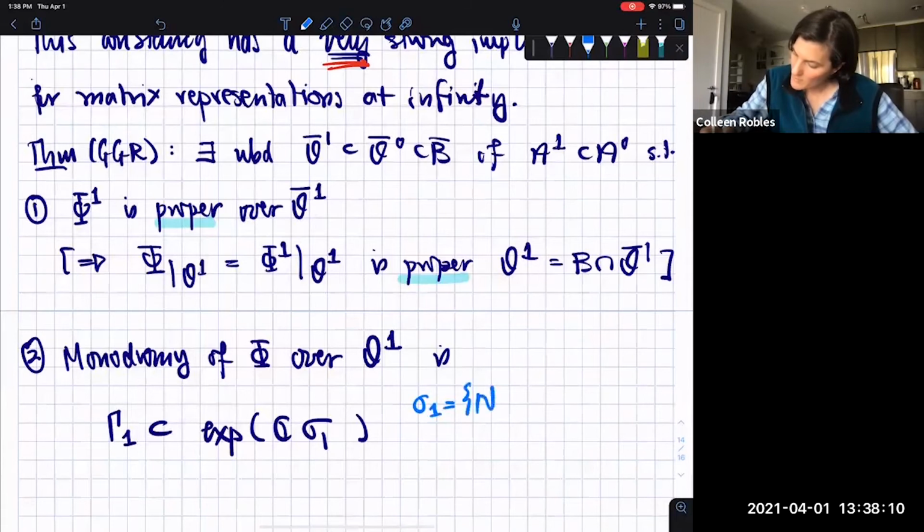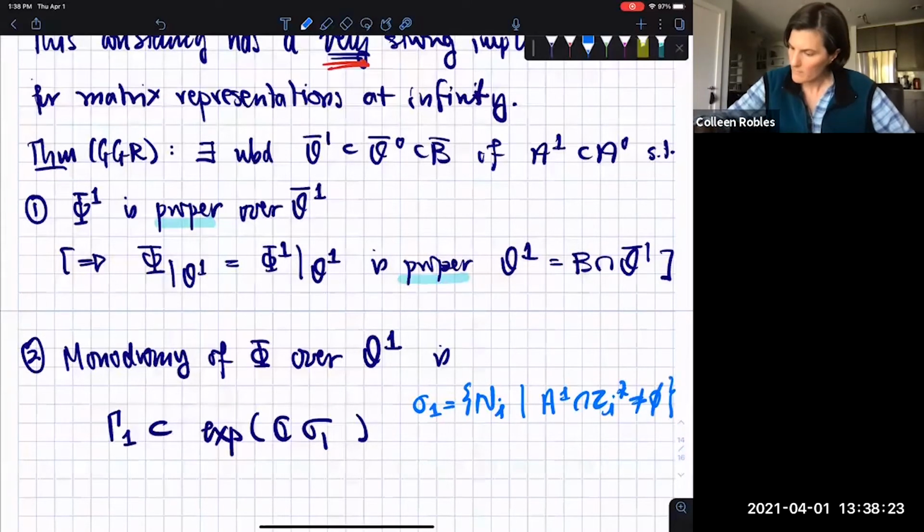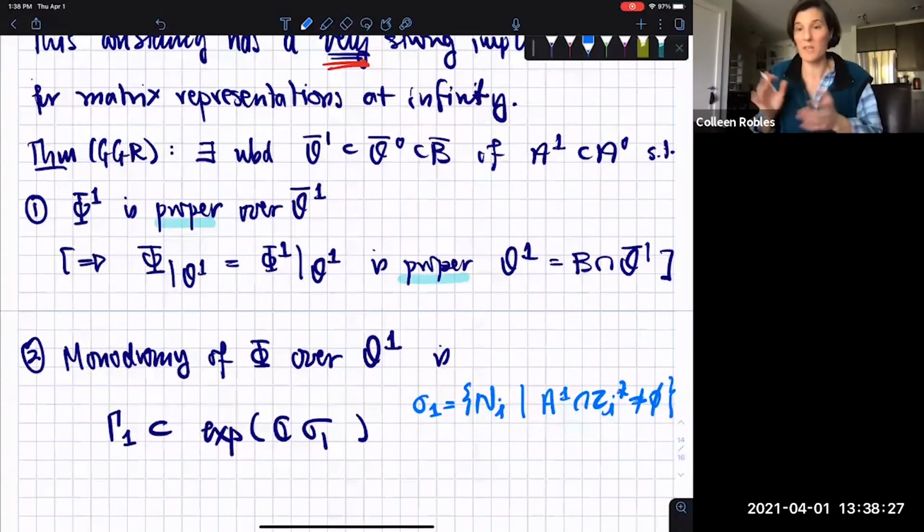This is going to be spanned by the N_i's with the property that A1 intersect Z_i star is not empty. So basically the cone of nilpotent operators that I could possibly see along this fiber A1.